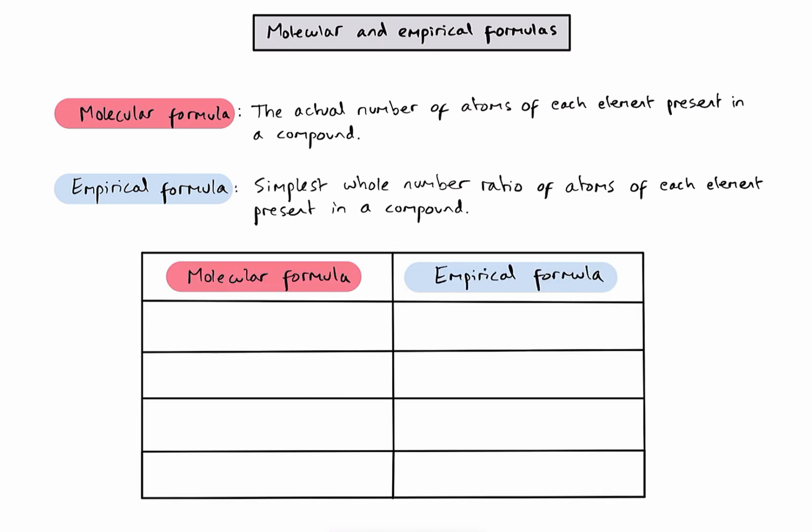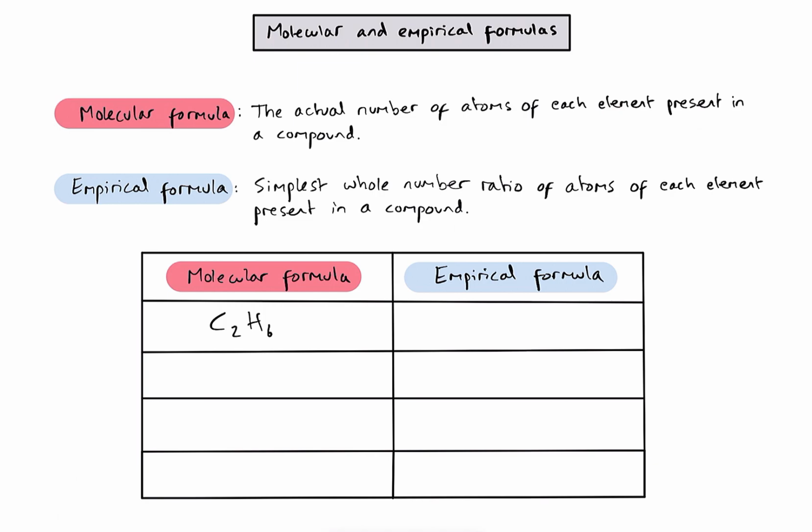First of all, let's take the molecular formula C2H6. That's telling me that in my molecule I have 2 carbons and 6 hydrogens. Now, in order to find the empirical formula, or the simplest whole number ratio of carbons to hydrogens, what I need to do is find the highest common factor in the number of each element.